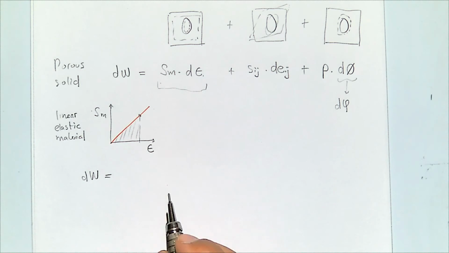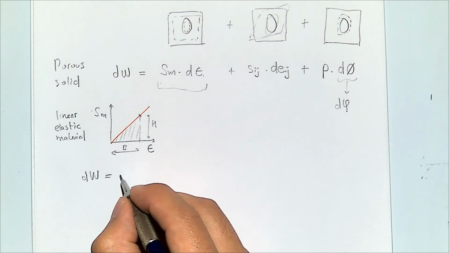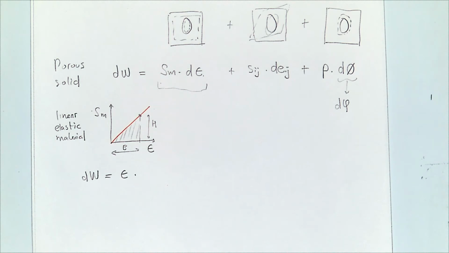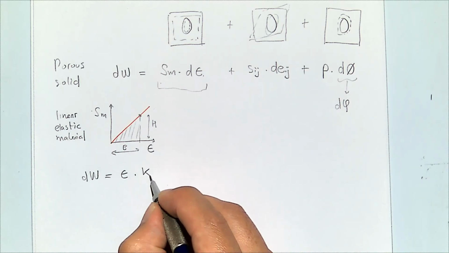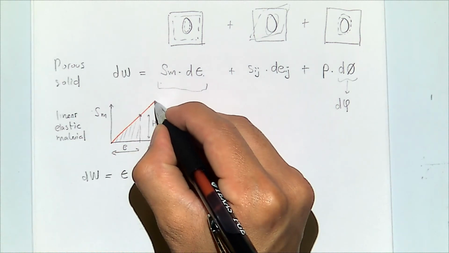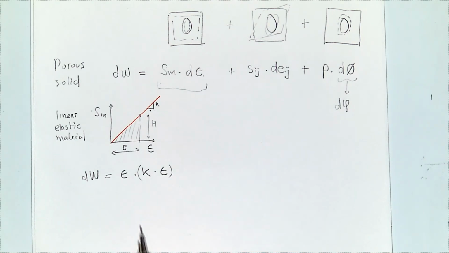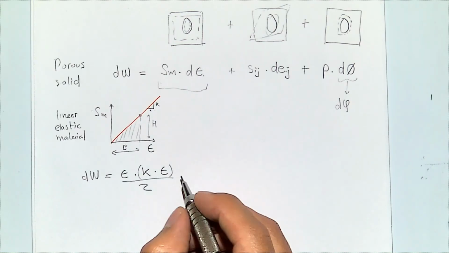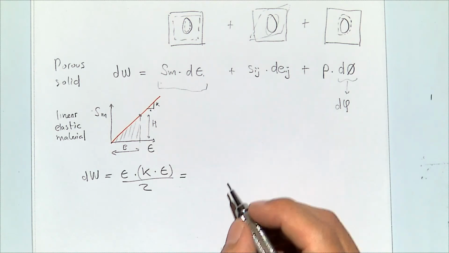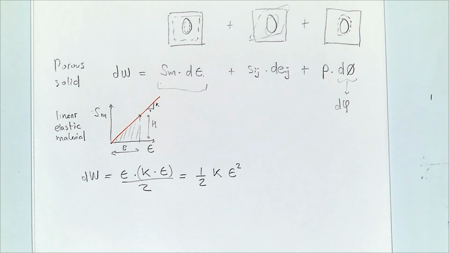That area is equal to the base of the triangle times the height of the triangle, where the base is just strain, and the height of the triangle, because of the linear relationship, is going to be the bulk modulus times strain, where the slope of this line is the bulk modulus, divided by 2.